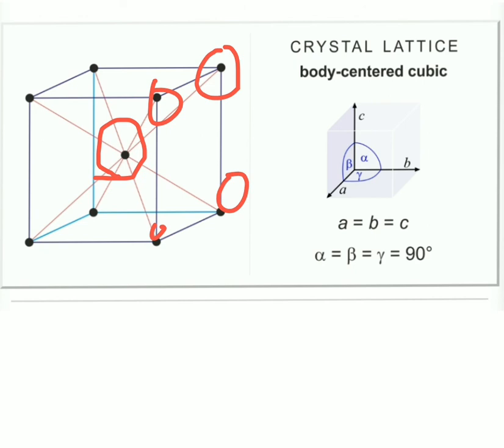And in this, a is equal to b is equal to c. It means edge lengths are equal, and alpha, beta, gamma, it means the angles between them are also 90 degrees, or we can say perpendicular to each other.